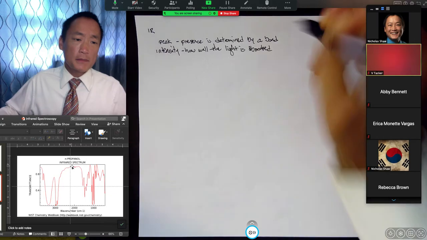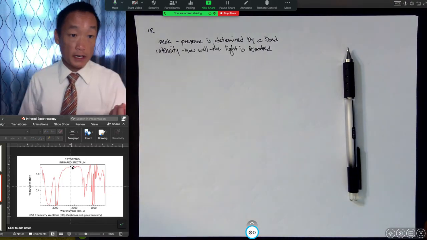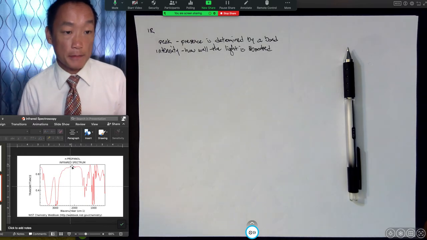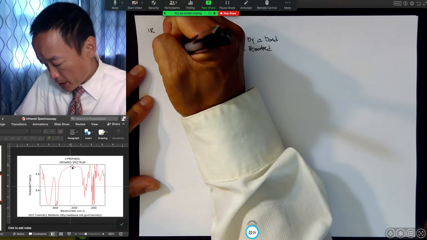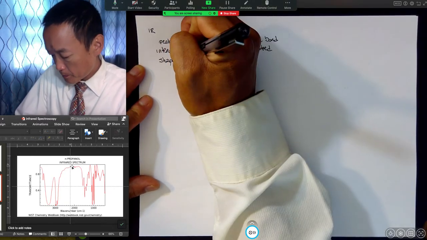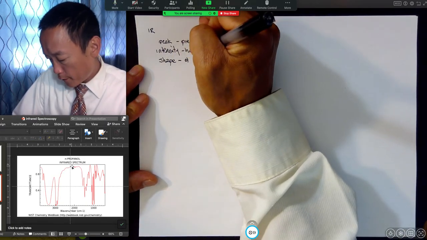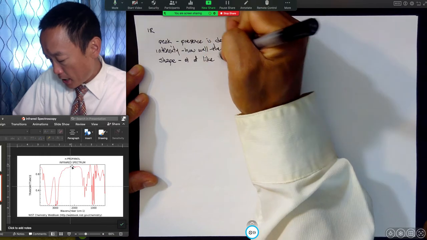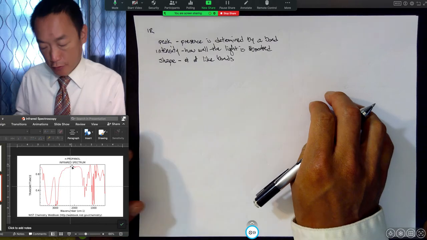And by that I mean, how efficient is that molecule at absorbing that light. And then the shape of the peak, that is determined by the number of like bonds in the molecule. Okay, and that's something I'm going to dive into in just a second.